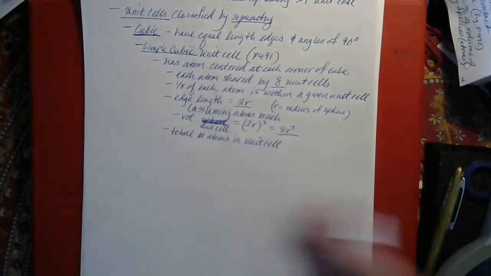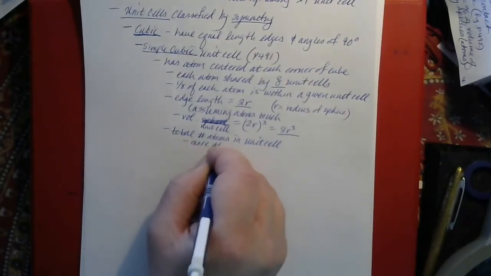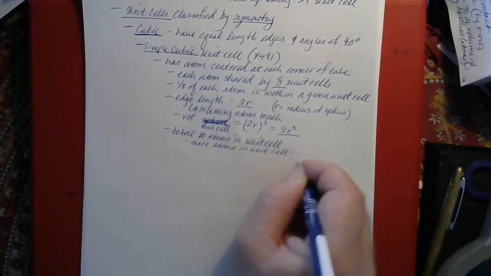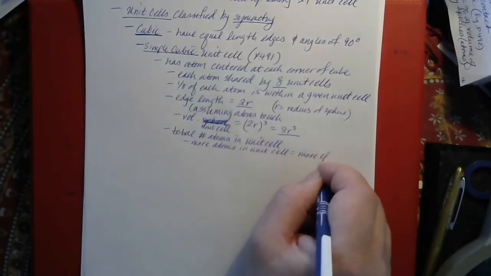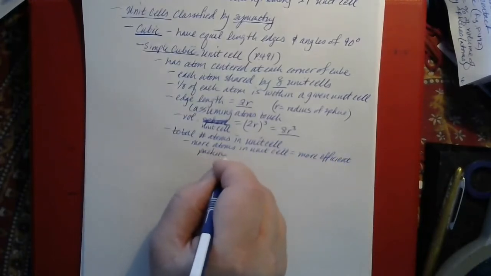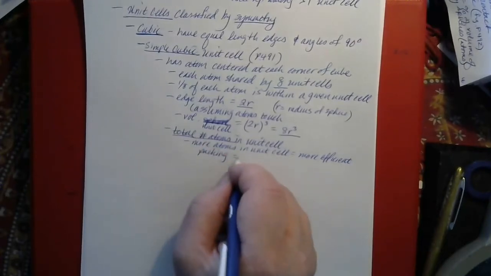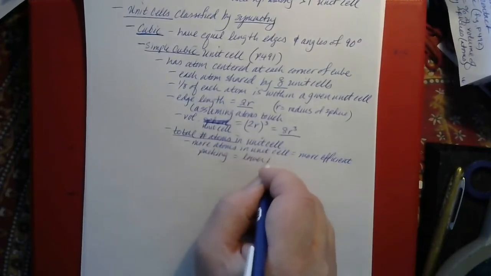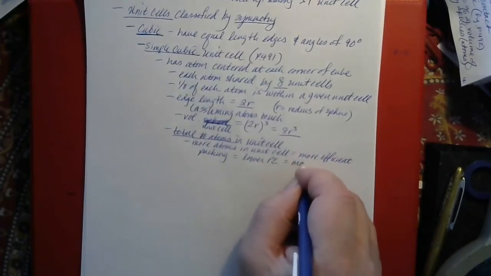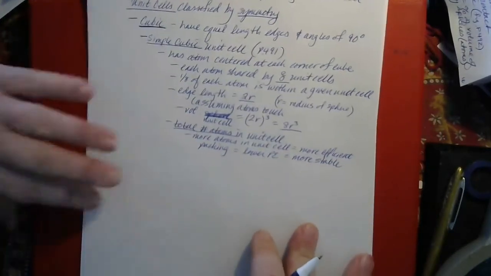The more atoms there are, the less empty space there is. So more atoms within the unit cell would mean more efficient packing, and that generally means lower potential energy, which means stability. And nature generally favors greater stability.